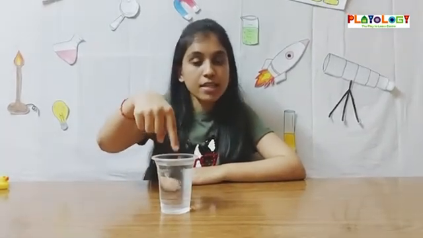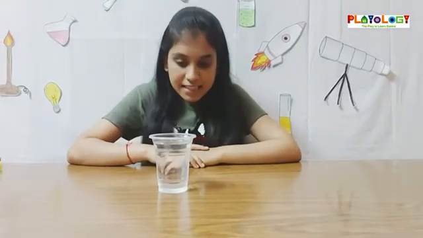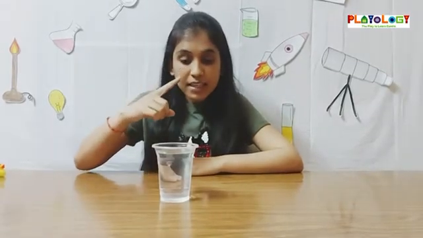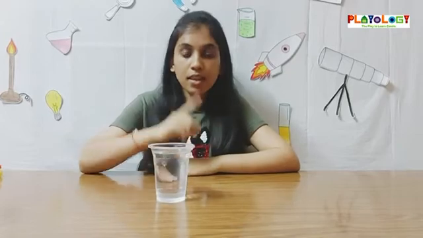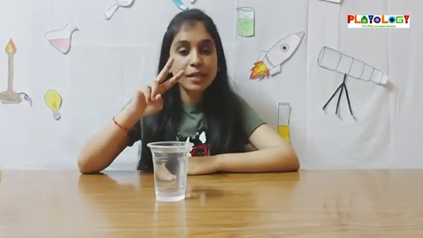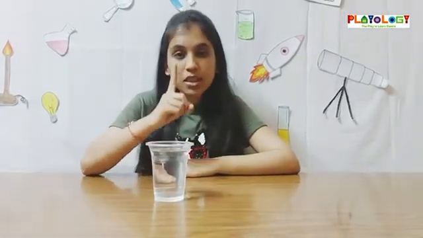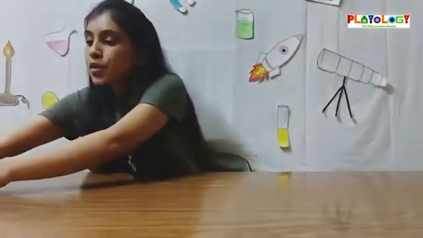One is water inside the glass and the other is air around it. So when we see any object behind the glass, we see through the water and through the air. When we see through two mediums, the light from the path of the eye bends. So I will show you in a simpler way here.